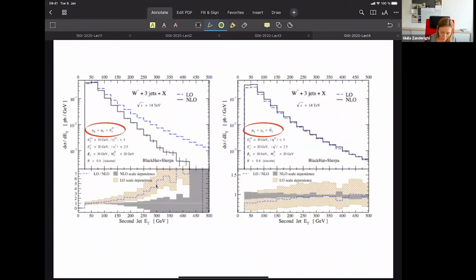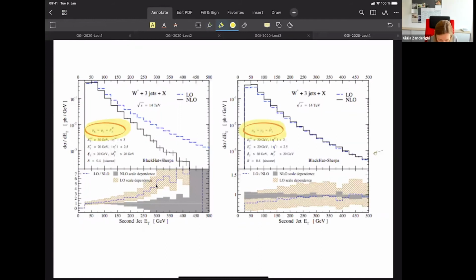Now, if you look at the plot to the left, you would say, wow, this is a horrible convergence of the perturbative expansion, very large negative corrections. If you look at the plot to the right, you see really beautiful convergence. The leading order and next to leading order are essentially on top of each other. So what's the difference here? The difference is really the choice of scale.